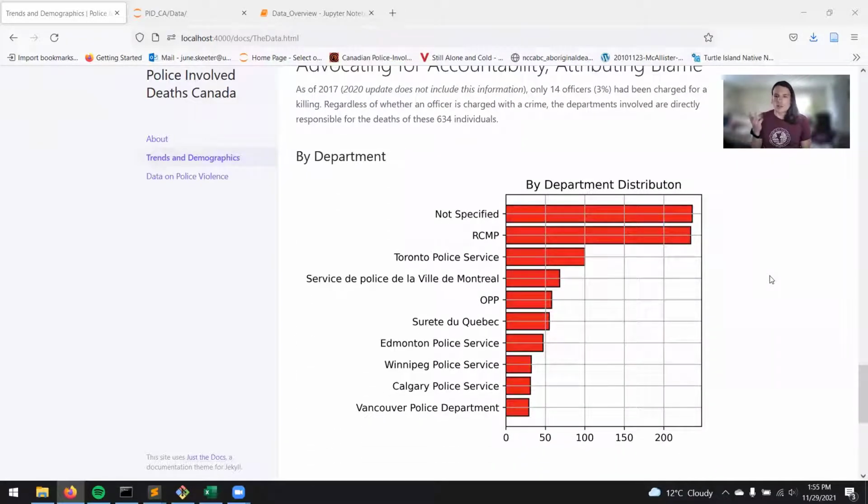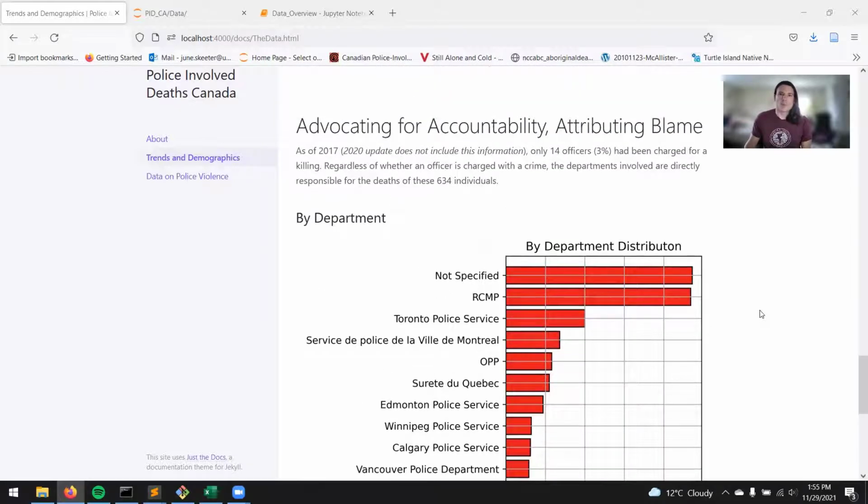Another key point to this work is advocating for accountability and attributing blame. As of 2017, because one of the data sets that incorporated this had information on whether officers were charged, only 3% of officers had been charged with a killing. And so this again highlights a severe issue here, where police just get away with killing people without any sort of repercussions at all.